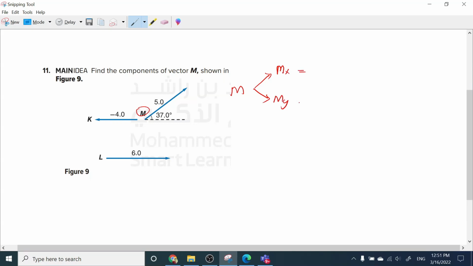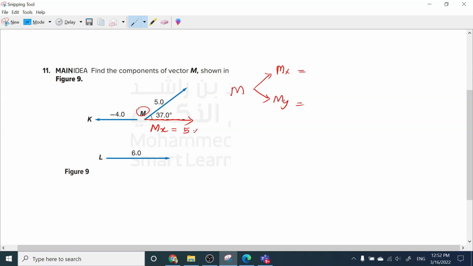What is the value of Mx and My? Mx means the X component of this vector M. Mx you can calculate using the equation Mx is equal to M multiplied by cosine of the given angle. Here the value of M is 5.